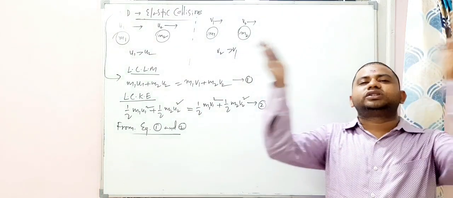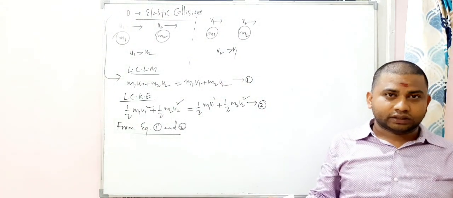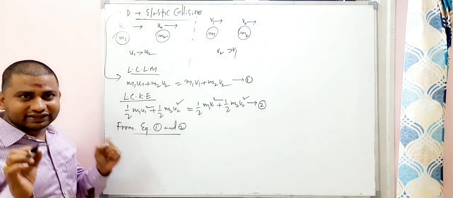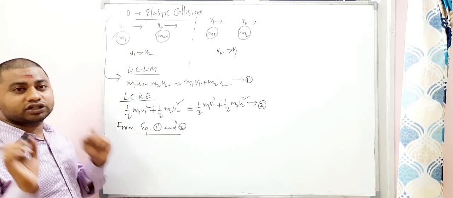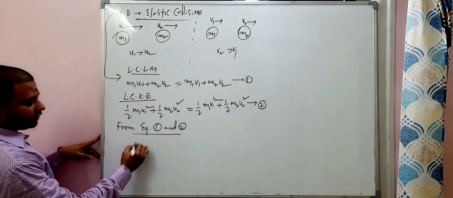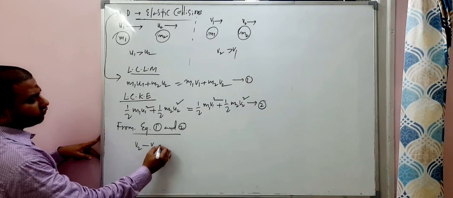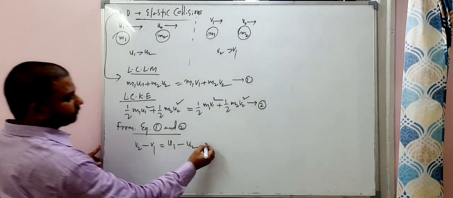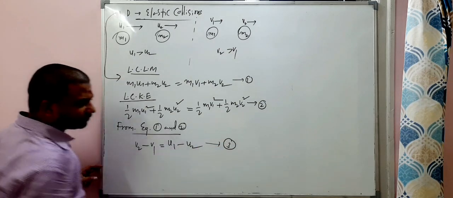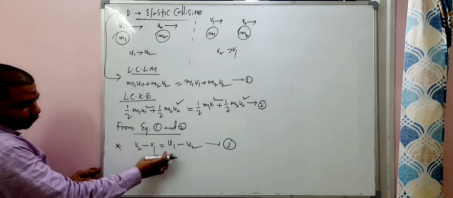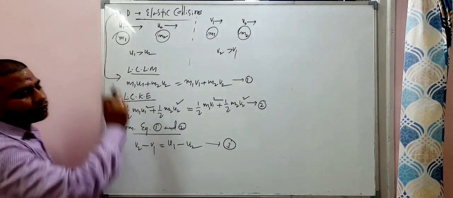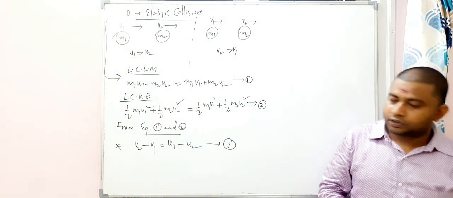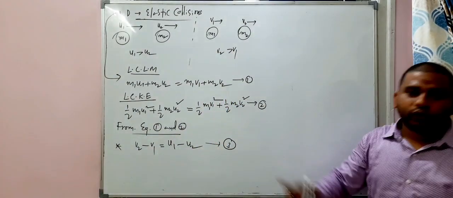From that, listen carefully, one expression we will get: v2 minus v1 is equal to u1 minus u2. So this is equation number 3. Remember this equation carefully, and about it we'll speak later, maybe in the next class. So remember the third equation.